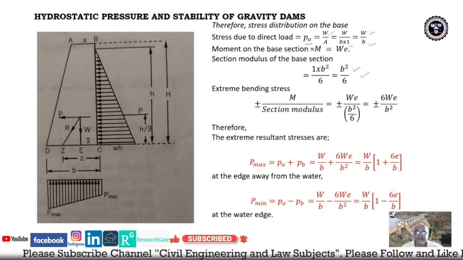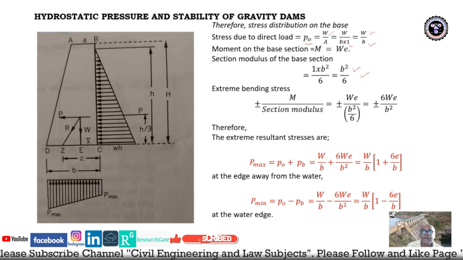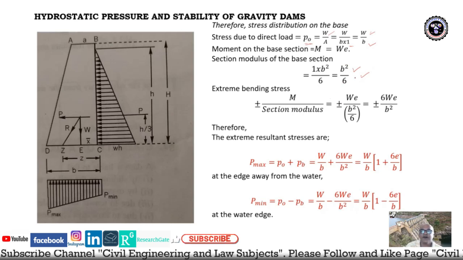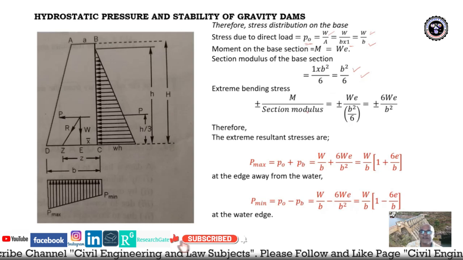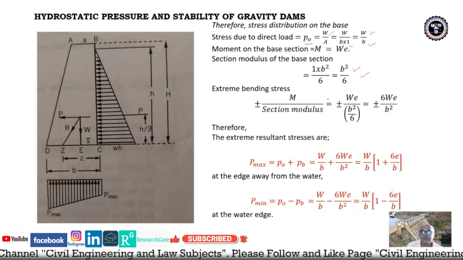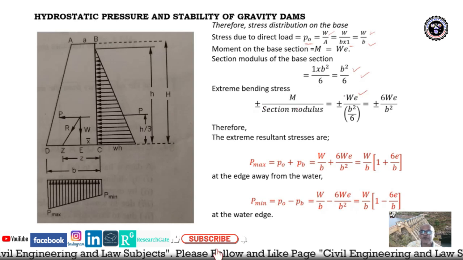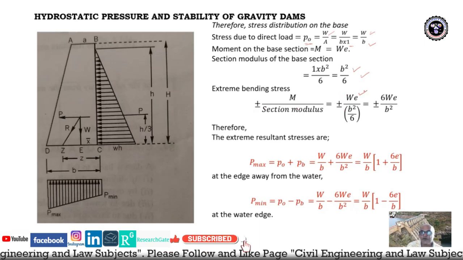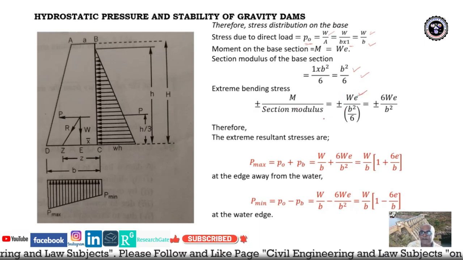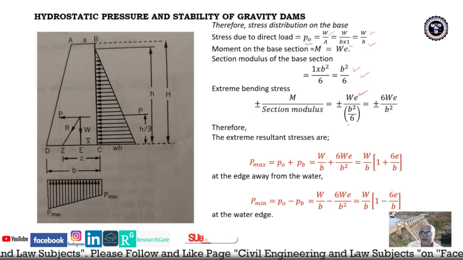Extreme bending stress is equal to M upon section modulus, where M is W into E and the section modulus is B square upon 6.